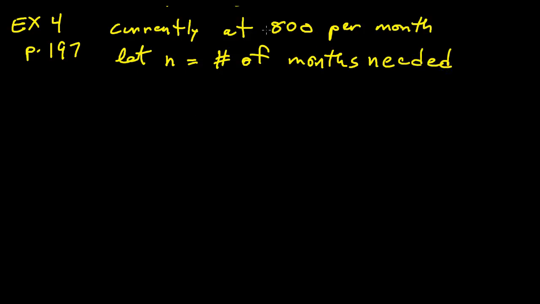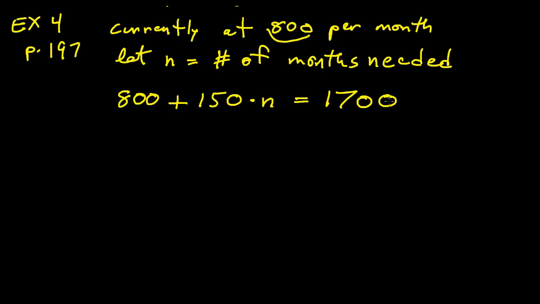All right, so if we're starting at 800 per month, and we're adding 150 for each month to the production level, I'll say then that 800 plus 150 times n, that's 150 bicycles per month times the number of months, has to equal 1,700. That's the target production level.